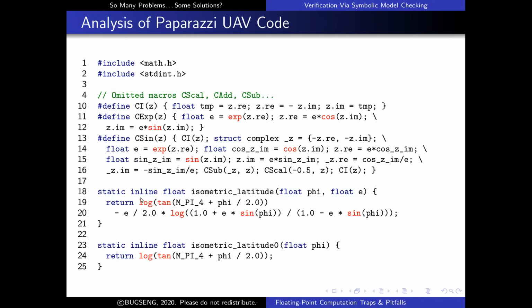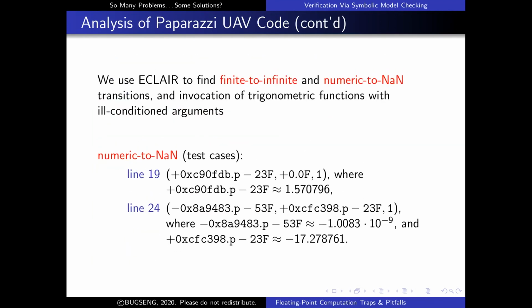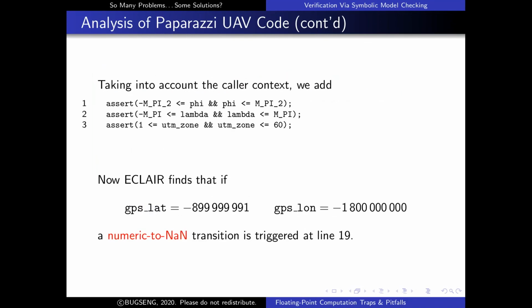The argument passed to the logarithm may be negative, and this is what causes a not-a-number to be generated. There is another numeric to NaN transition. Now, the program, you can find it on the internet. It's called Paparazzi, open source software. There is no documentation about the allowed input values, and in particular there are no assertions.